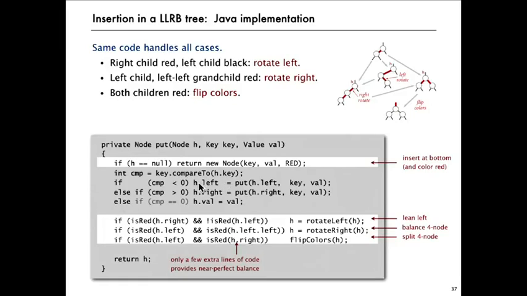Remember, we took some pains to think about the recursive implementation where when we go down a link, we replace that link by whatever the recursive routine gives us back. And that strategy is going to pay off in giving us really simple code.